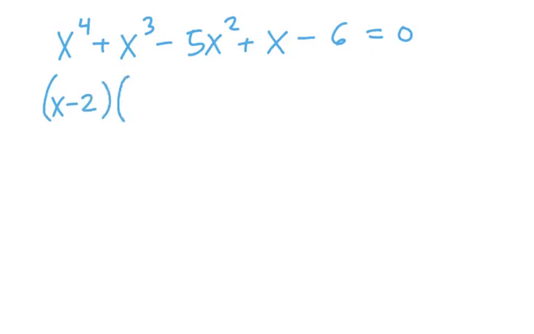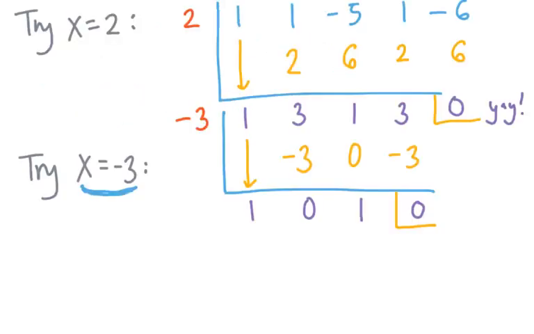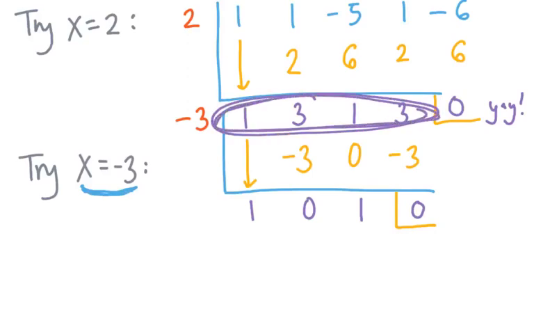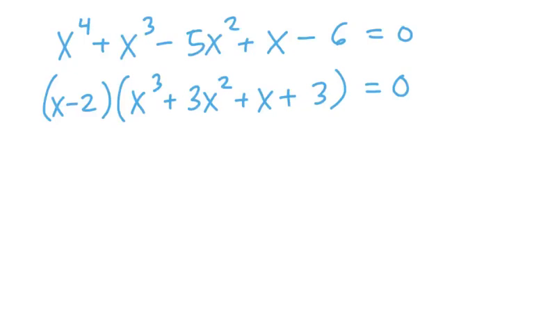The remainder, and you can go back to your synthetic division to verify this, would have been an x cubed plus 3x squared plus x plus 3. And that just came from, again, basically I'm stealing these here to be the placeholders. And then we synthetically divide it again with negative 3, which means the corresponding factor would be x plus 3. And what we were left with was an x squared plus 1.